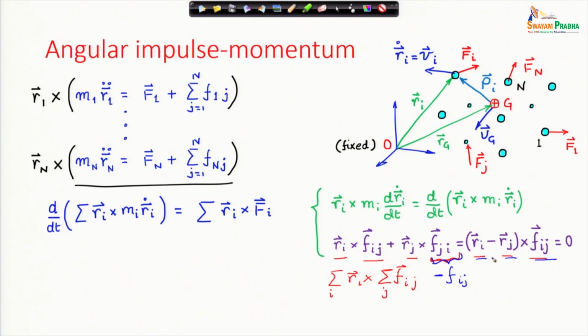Therefore, these two vectors r_i minus r_j and f_ij are in the same direction. Therefore, their cross product must vanish. With that consideration, we are left with only the summation of r_i cross f_i.